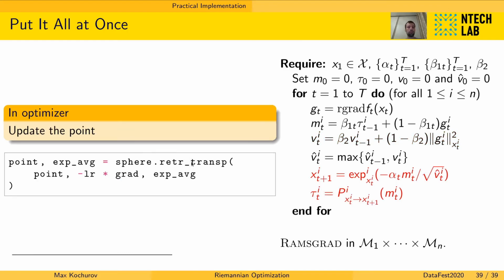In the end, we make a joint step for fixing the momentum and updating the point using retraction transport combined with the direction of the steepest descent.